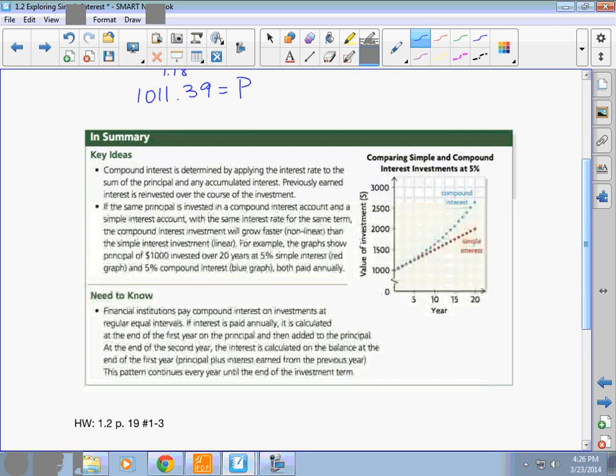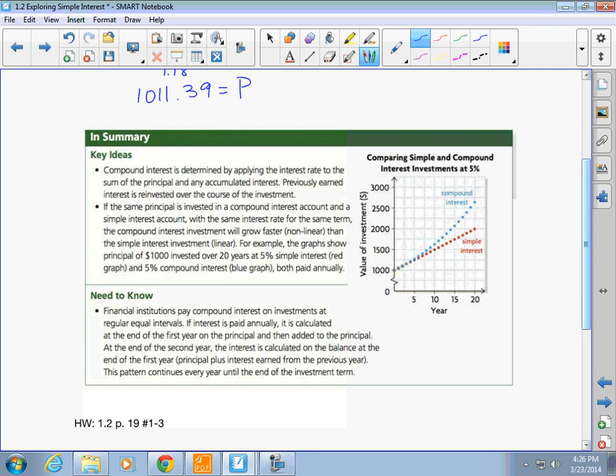So it says compound interest is determined by applying the investment rate to the sum of the principal and any accumulated interest. So you're earning interest on your interest, basically. Previously earned interest is reinvested over the course of the investment.